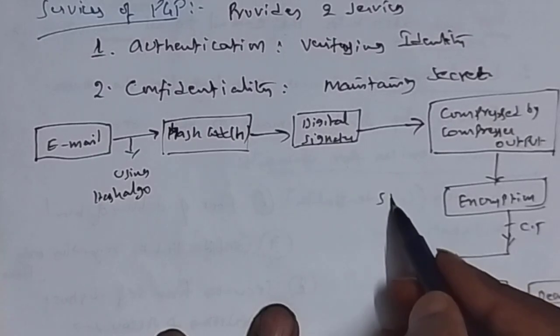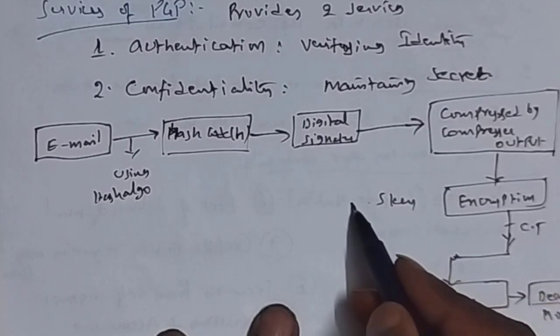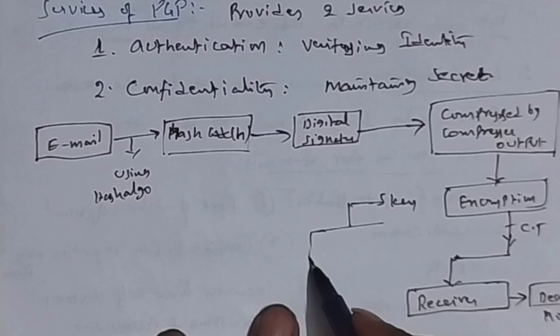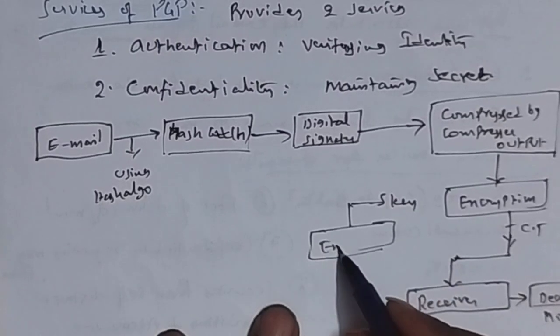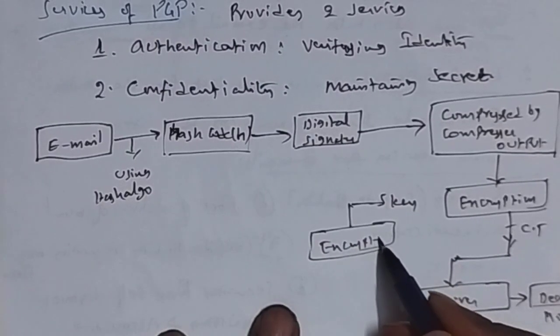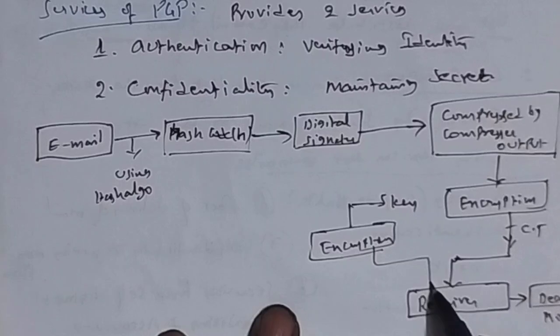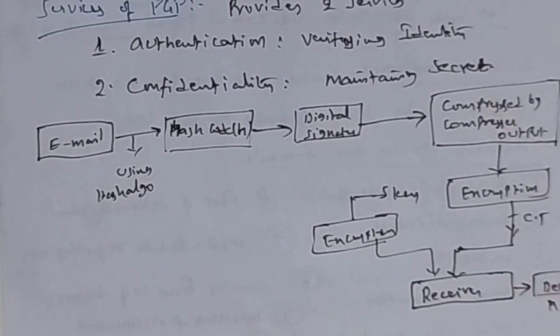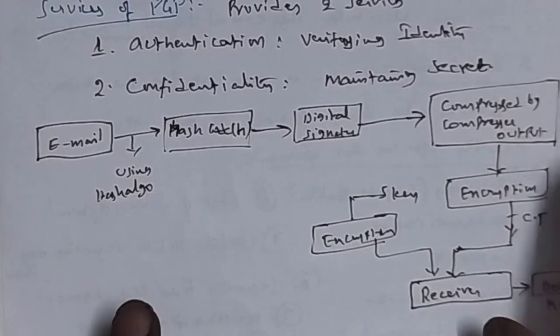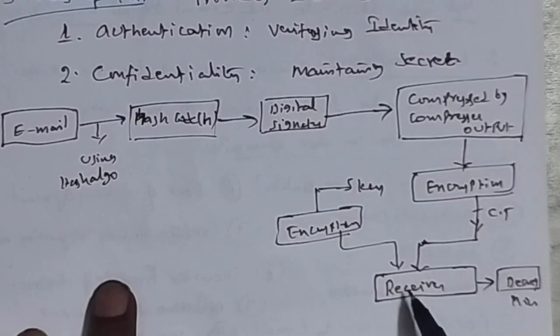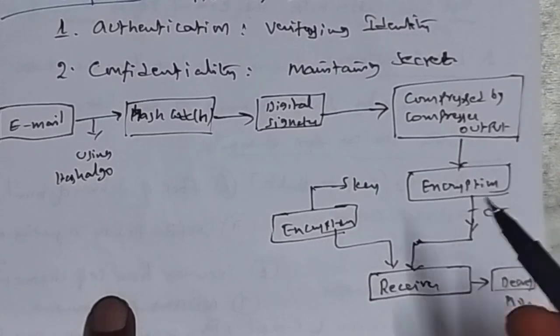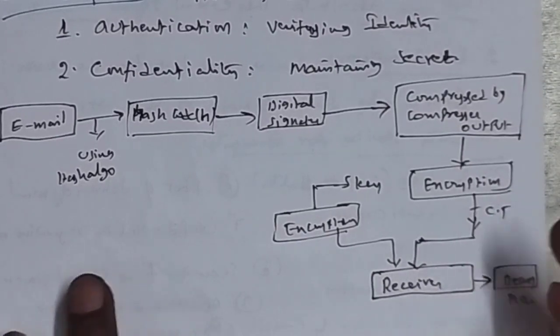There is also a secret key, and with the help of the secret key there is one more encryption, which also goes to the receiver. Here you check both. If both are the same, then it is working securely. If the encrypted data is manipulated, then it is not correct.